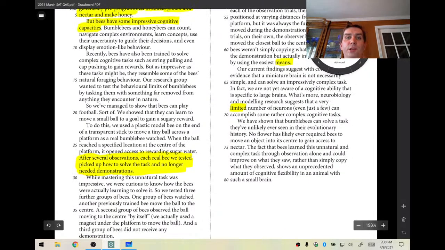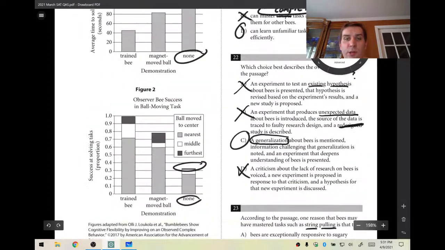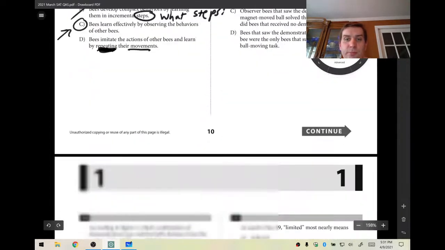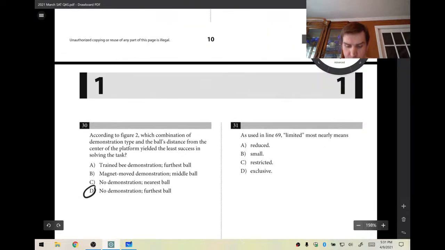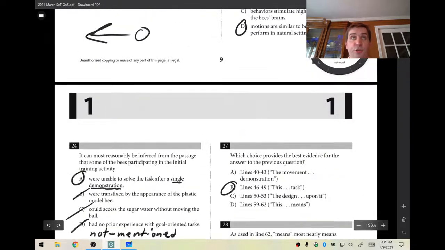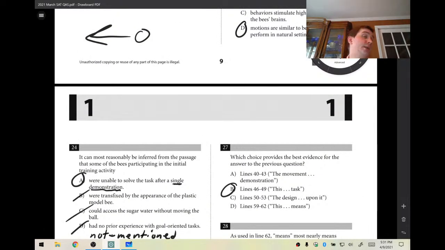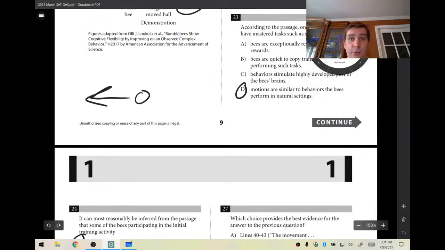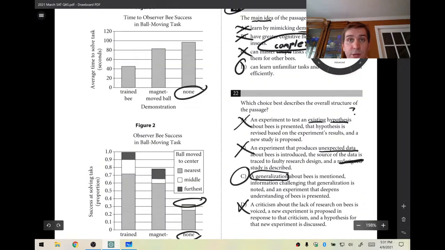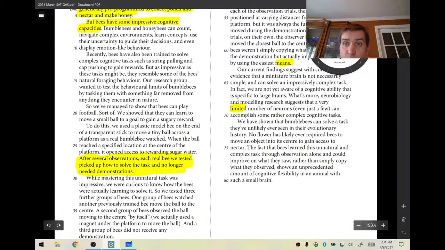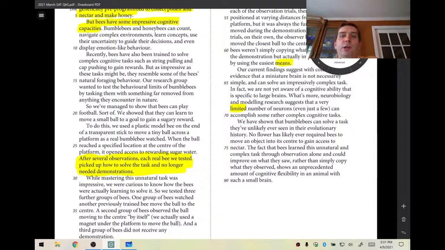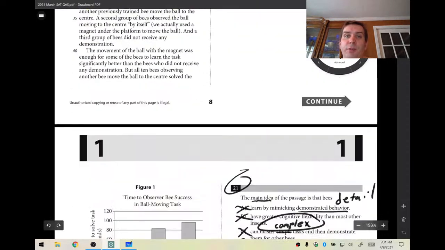All right, so I'm going to read some words back in the sentence in the place of limited and see what works. Let's try the first one. Let's try reduced. So you can limit something, you can reduce it. Is that what this means in this sentence? I don't know. Let's try it. What's more, neurobiology and modeling research suggests that a very reduced number of neurons, even just a few, can accomplish some rather complex cognitive tasks.